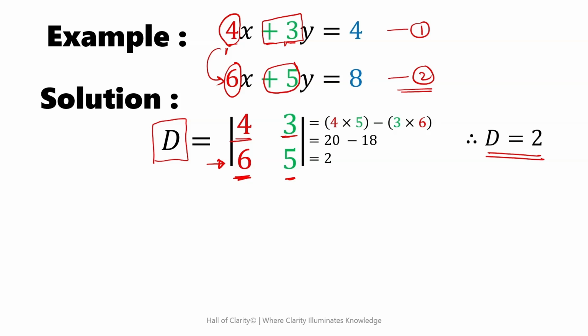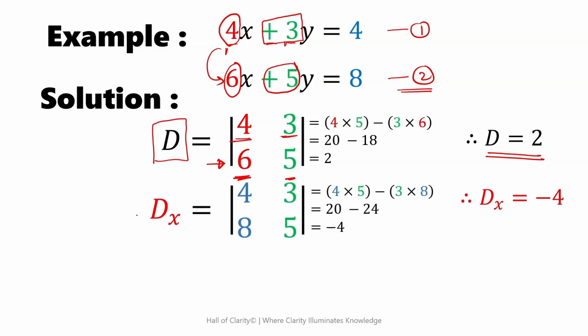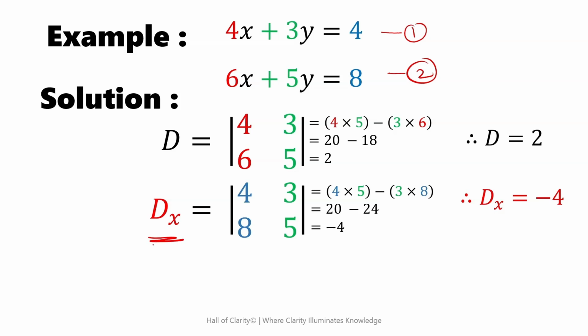Now we will write the determinant Dx. To write this determinant Dx, we go to determinant D. In this determinant D, we replace the coefficients of x of equations 1 and 2 with the constants, that is 4 and 8. So this 4 and 6, which belong to the first column of determinant D, will be replaced with the constants 4 and 8.